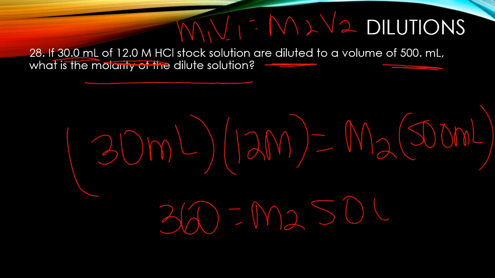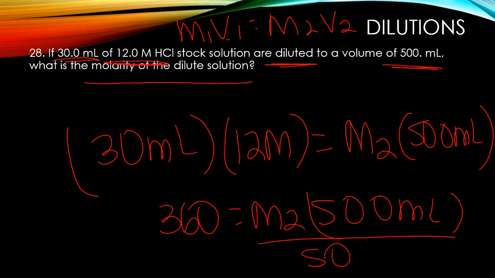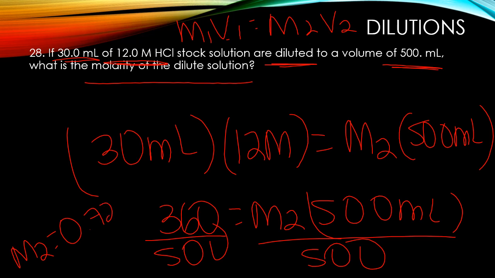M2 times 500 milliliters. To solve for M2, divide each side by 500. 360 divided by 500, our M2 equals 0.72 molarity.